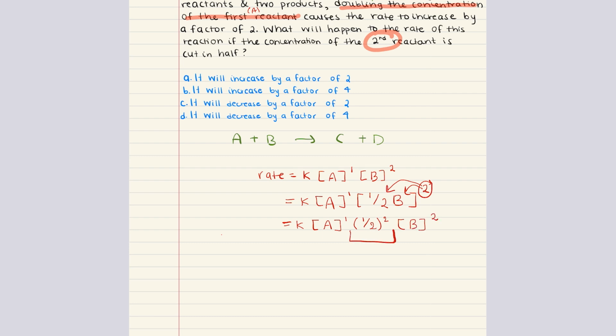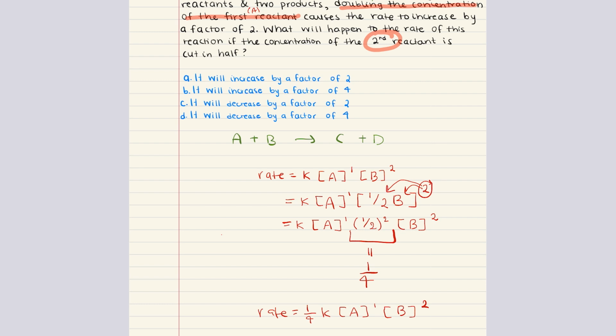Now, what is this factor right here? 1/2 raised to the second power. This is equal to 1/4. So, looking at this expression, what we have here is that our rate is equal to 1/4 K multiplied by the concentration of A to the 1 power multiplied by the concentration of B to the second power.